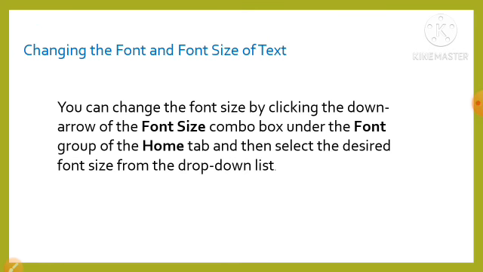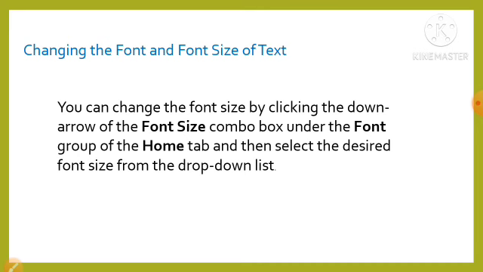Now changing the font and font size of the text. We can also change the font size by clicking the down arrow of the font size combo box under the Font group of the Home tab, and then selecting the desired font size from the drop-down list.